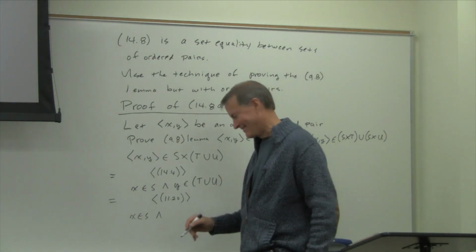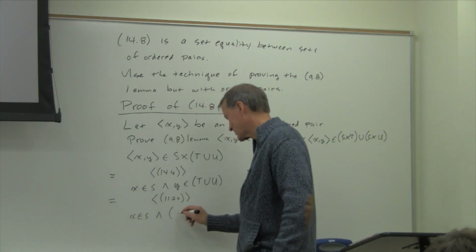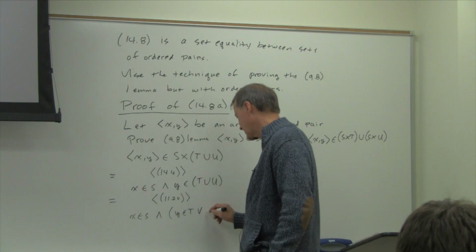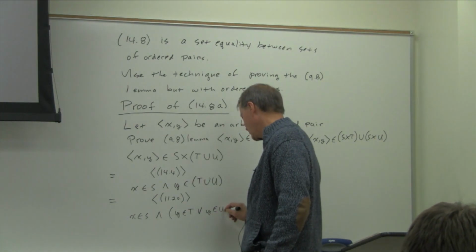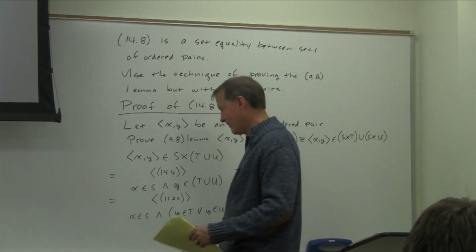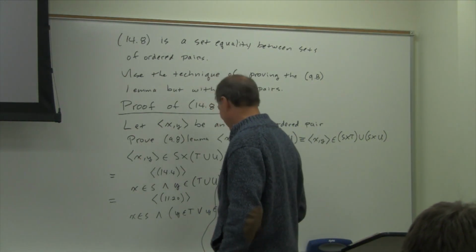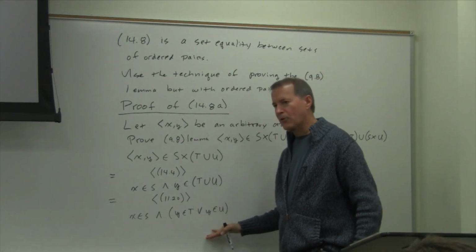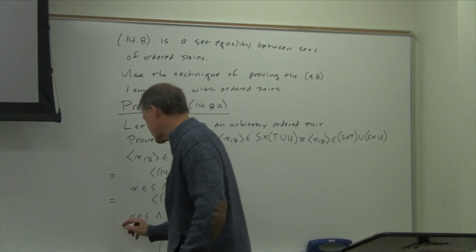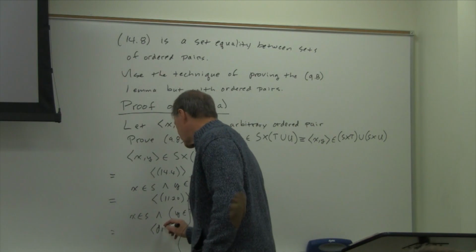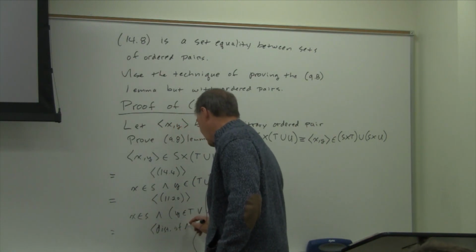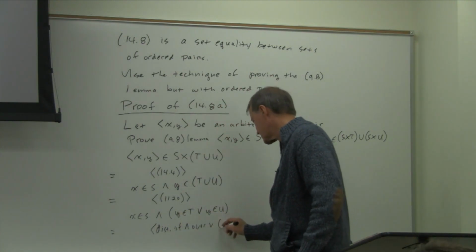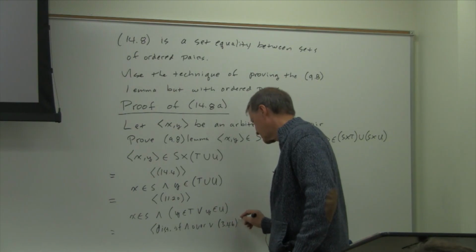So we use distributivity of and over or, which is 3.46. So x is an element of S and y is an element of T, or x is an element of S and y is an element of U.